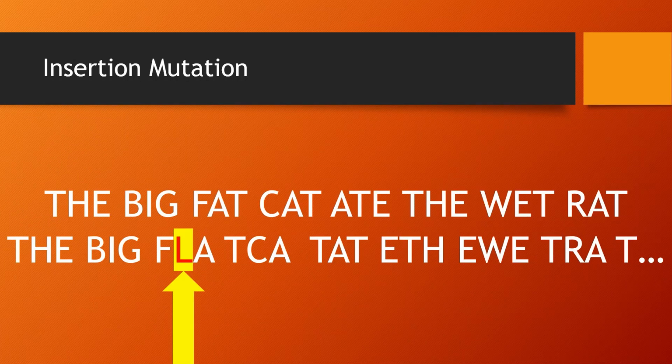All right, insertion mutation is one of our frameshift mutations, and it is easier to understand these mutations when we look at them in sentence form. If our original sentence is the big fat cat ate the wet rat, an insertion mutation would be, for example, an L or any other nitrogen base being inserted in the sentence.